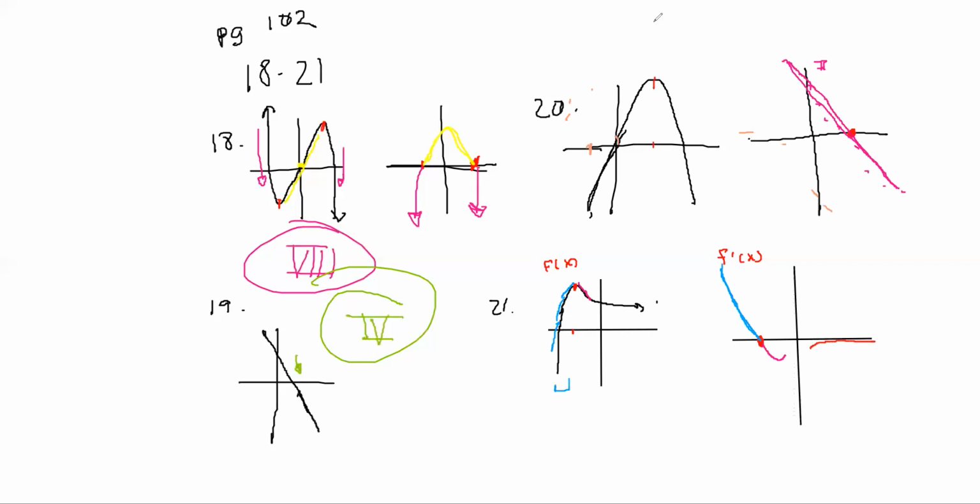So I'm going to draw it in my 0 red, but just a little bit off of the axis. This point is where it goes from being more negative to less negative, and so it's going to look like this.